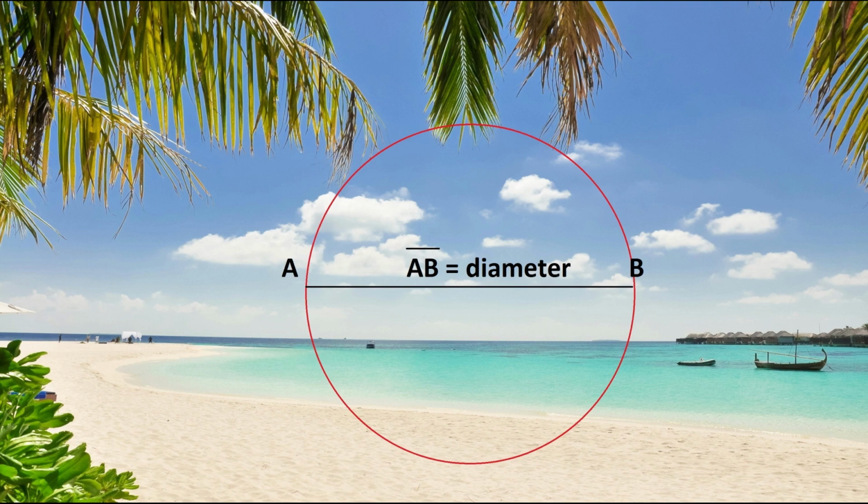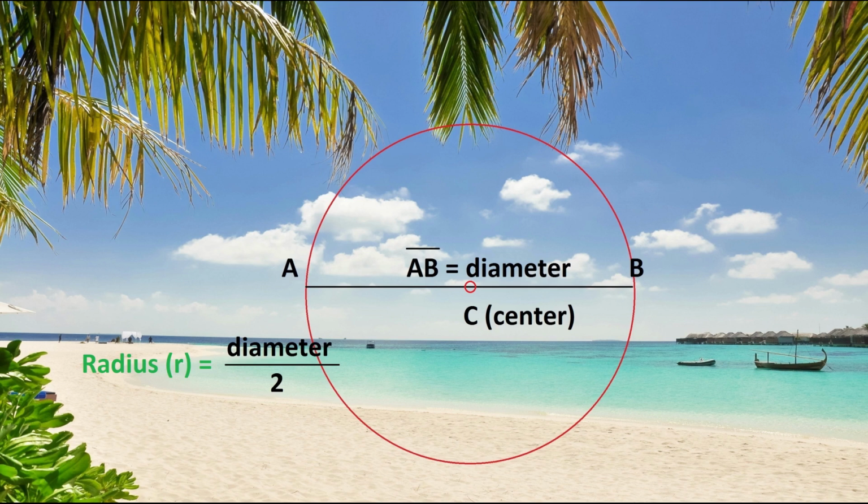This line starts from one point, here in this picture the point A, and ends at another point, that is B. So diameter is any line which starts from one point on the circumference to the second opposite point on the circumference, and it always passes through the center of the circle. Here you can see the line AB that passes through the center of the circle. This is called diameter.